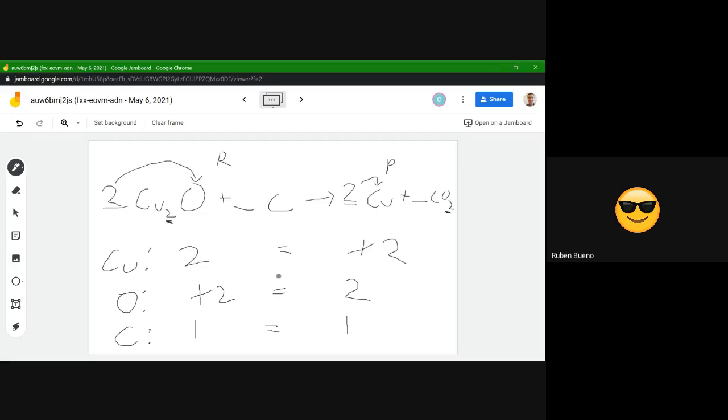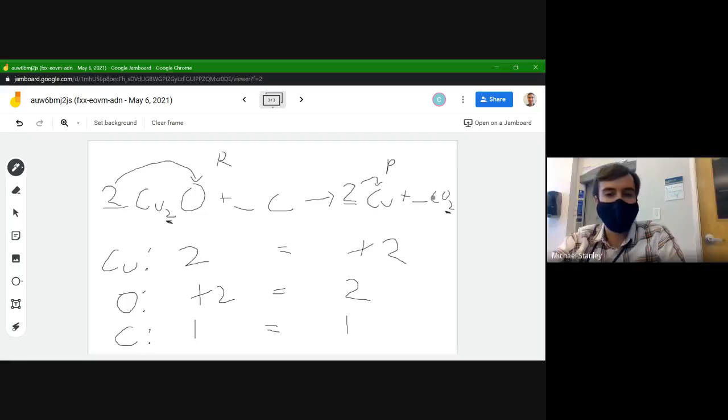Sorry, I didn't see that other one. I just saw it. I put the 2 with the O, but I forgot to put it with the Cu right here. Right, because this 2 goes to both of them. It goes to the O and it goes to the Cu.